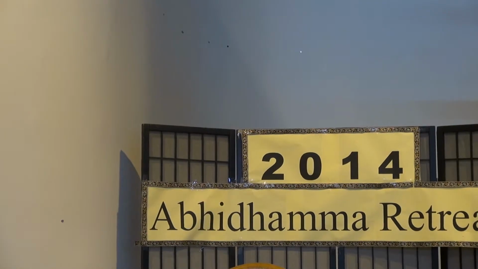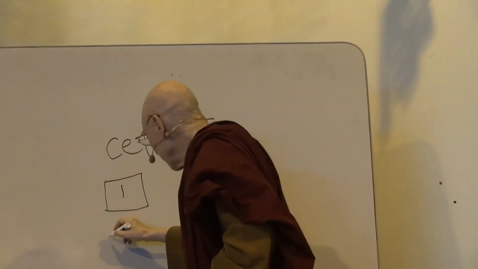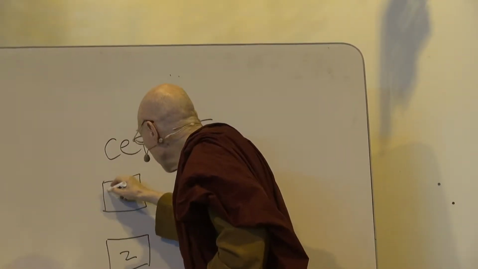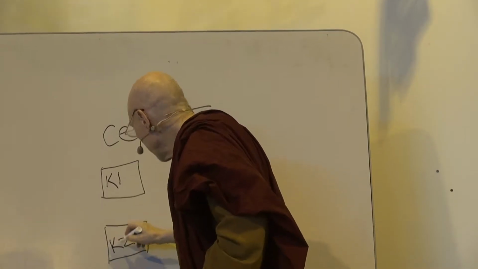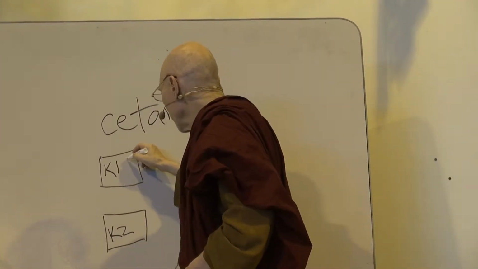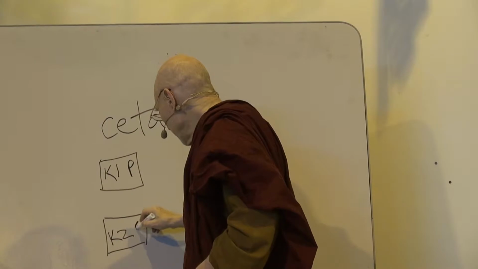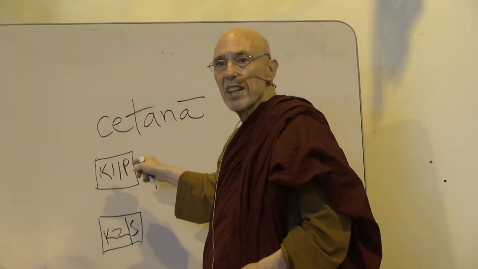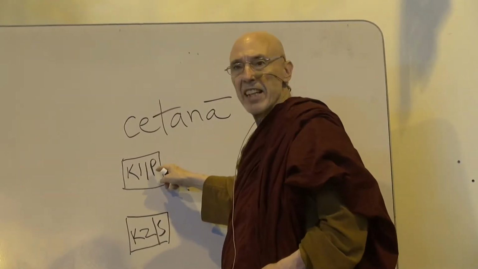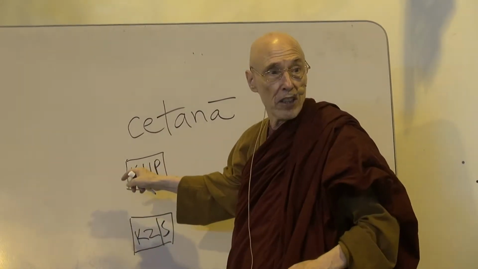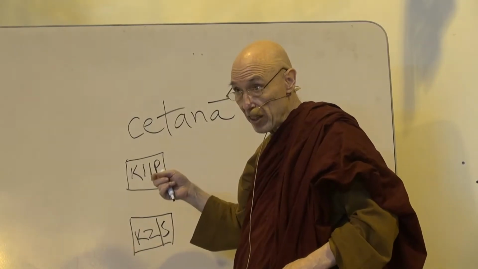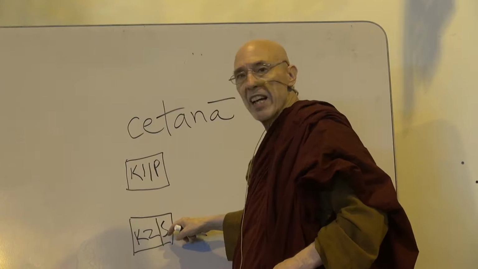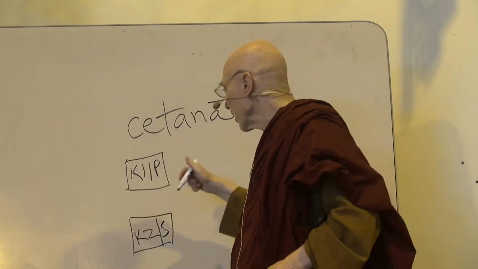But let's suppose, so this is karma 1, which is exercising the productive function, the generative function. And this is karma 2, which is exercising the supportive function.